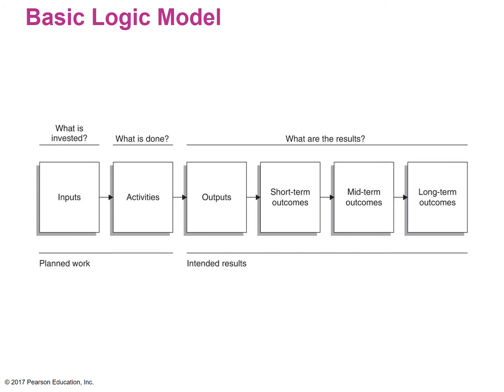So you would say, okay, what's invested, your input, what's the resource requirement in terms of personnel, money, time, those sorts of things. If I have those things, then I can conduct the activity, right? So borrowing from my previous example, I would offer the physical activity demonstration, right?